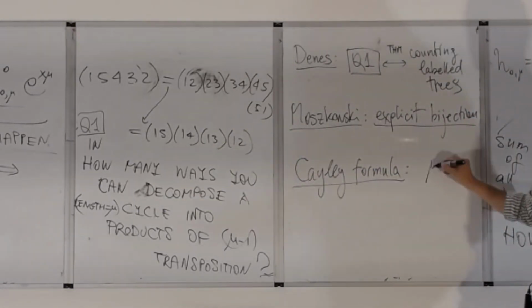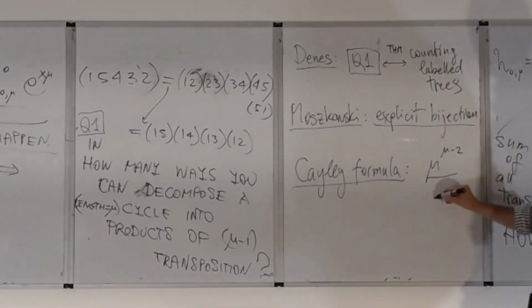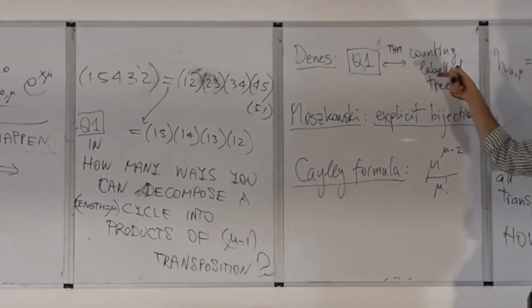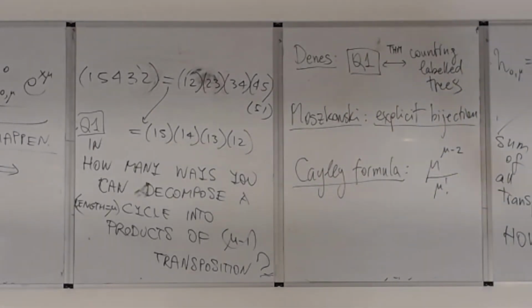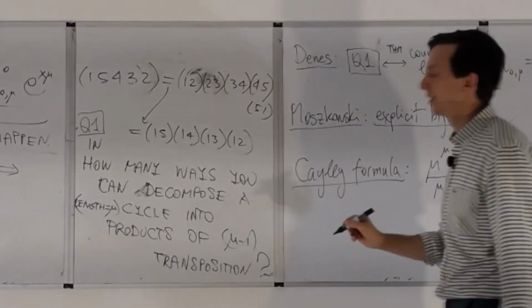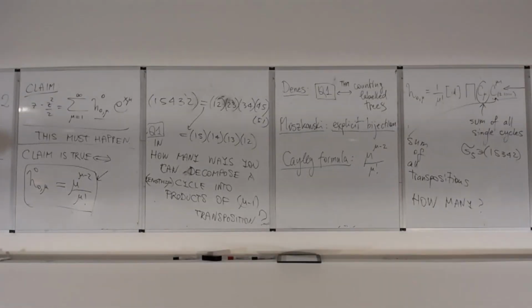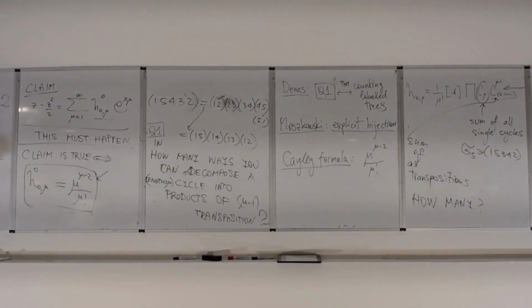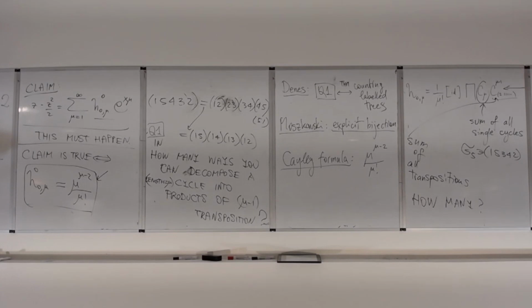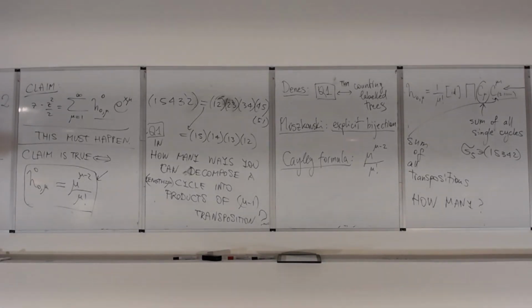And the answer is mu to the power mu minus 2, divided by mu factorial because you want to divide by all the labels. So just for that, just for your 0, 1. So computing Hurwitz numbers in general, it's not something easy.